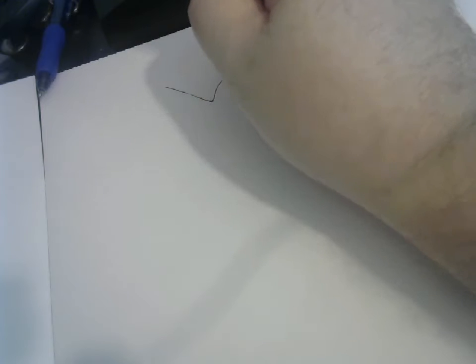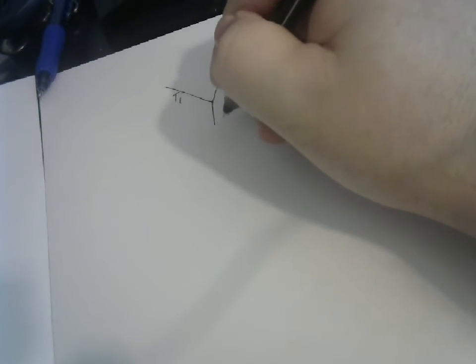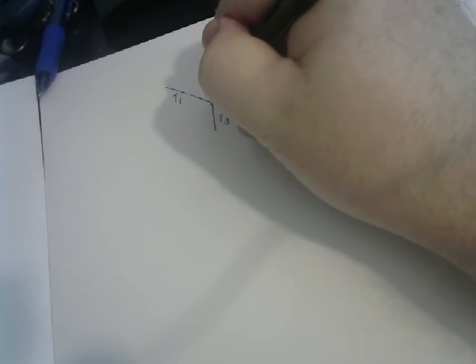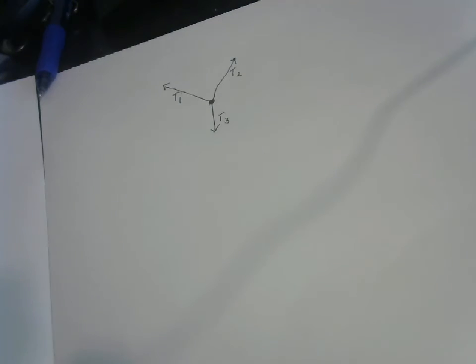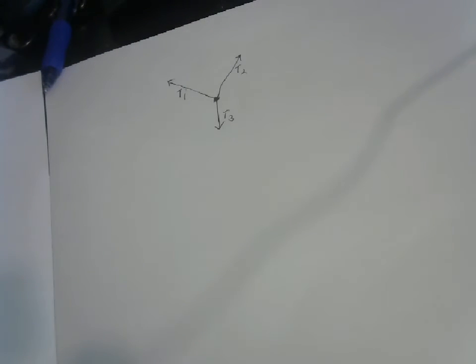I'll start by drawing a fairly big diagram, with T1, T2, and T3. And basically our interest is in this point here, because this is where all of the forces, the tensions, meet.